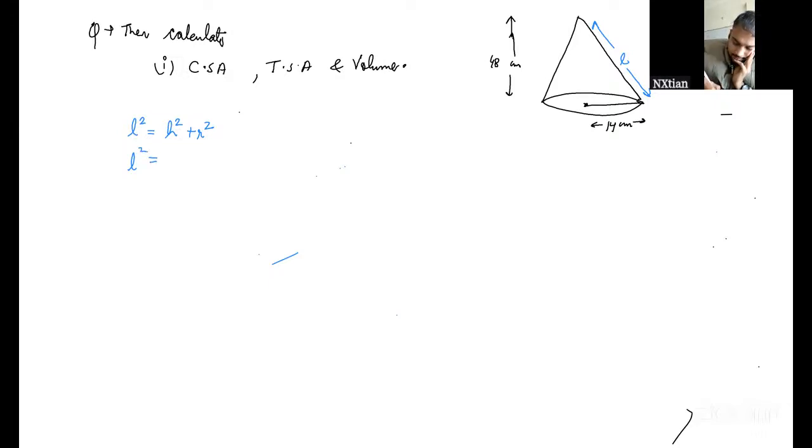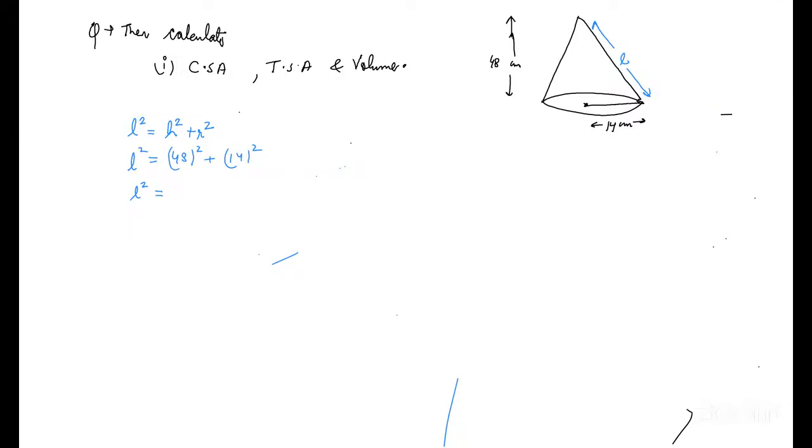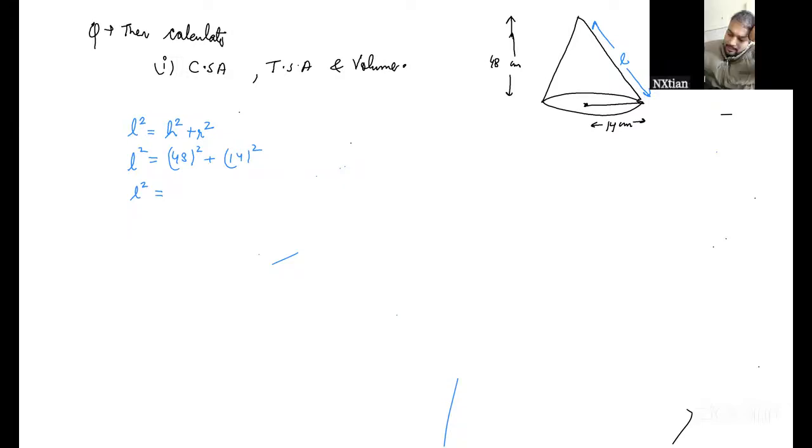H is 48 square plus r is 14 square. So L square is equal to 48 square. What is 48 square? Sir, we have to find the length. No, it's not length. It's a slant height, the slanting height of this cone.